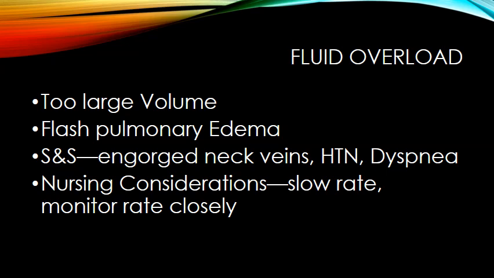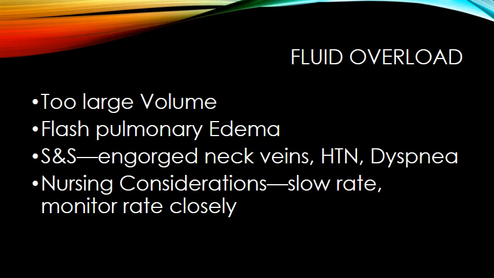Another complication that we know can occur, and we've talked about this previously, is fluid overload. Fluid overload is a condition that's caused when you have too large a volume infusing into your circulatory system. We have the possibility of what we call flash pulmonary edema.